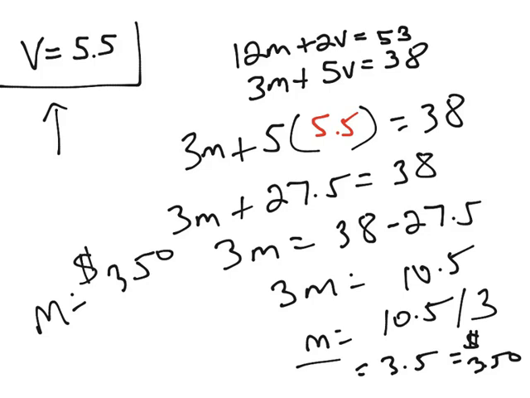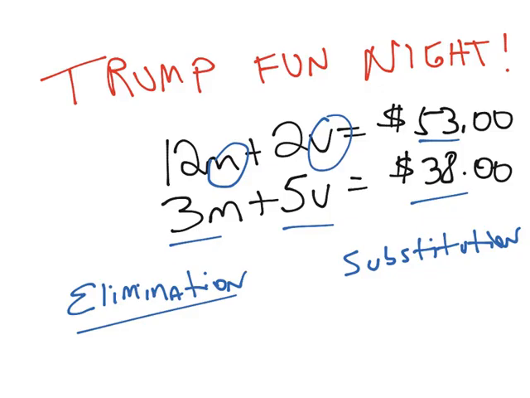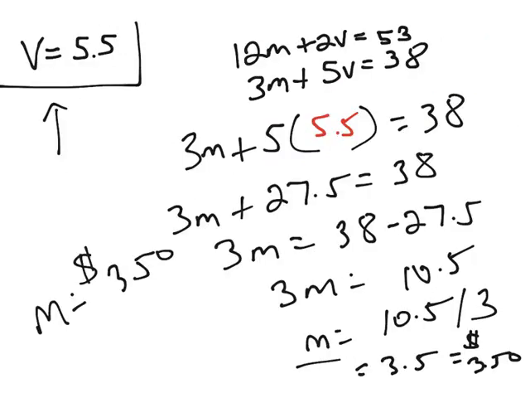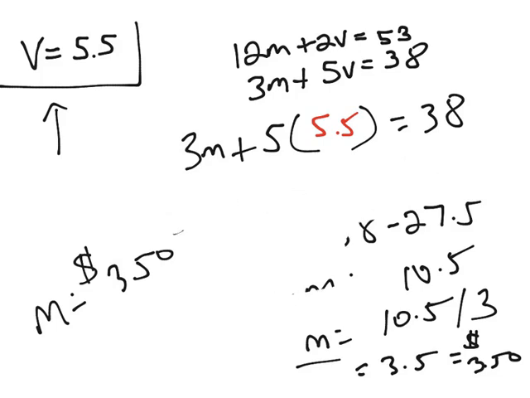So let me show you how to check that here. So if we go back to the beginning here, no, let's check it on this last one here. So what I'm going to do is I'm going to plug in the v. So there's our v. Let's erase some of this stuff here. So we know m is equal to 3.50. So let me erase all of this. Give me some more room here.